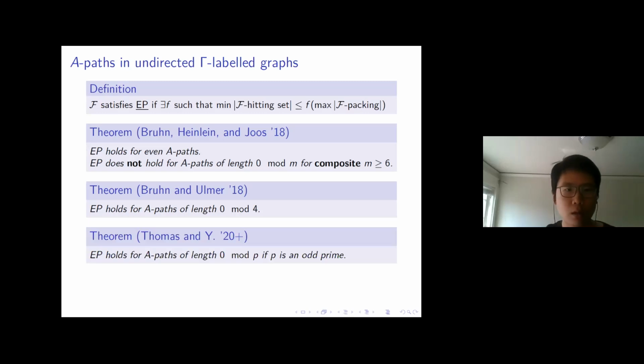And our main result is that for an odd prime, the A-paths of length 0 mod p also satisfy the Erdős–Pósa property. So this covers all the remaining cases. But the proof really uses the structure of group-labeled, undirected group-labeled graphs. So it's natural to also ask, when does the Erdős–Pósa property hold for 0 A-paths in group-labeled graphs?